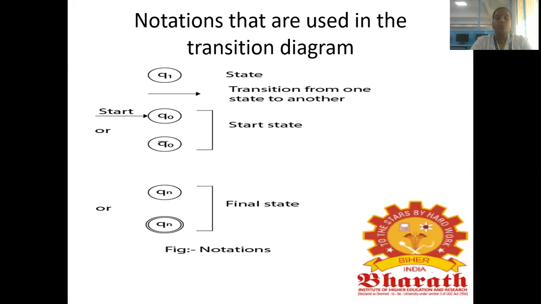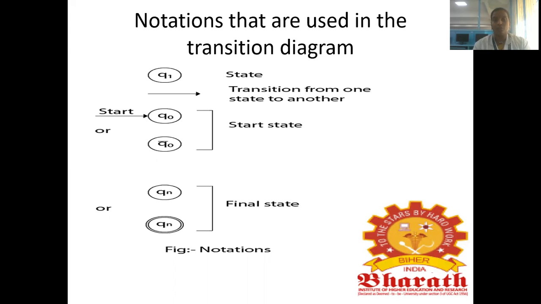First one is Q naught, the starting state or initial state, drawn with a single circle. Next is the flow of arrow lines. This line is used for a transition from one state to another state, or one language to another.